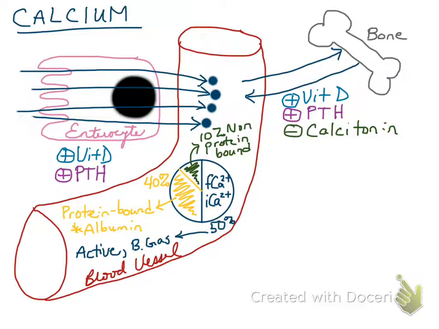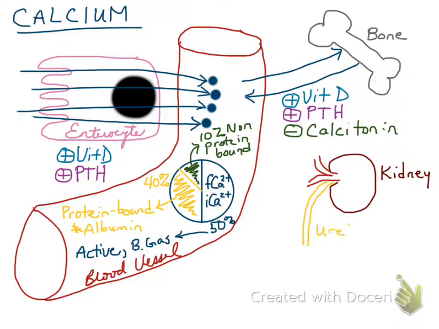Now the body can get rid of calcium, and it can do so by the kidney. So I'm going to draw a kidney here with the afferent and efferent blood vessels, and then also the ureter. And of course the blood vessels are attached to other blood vessels in the body, so I'm going to draw them attached to the main blood vessel.